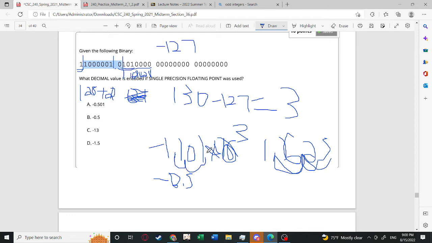So 1101 is 13. Oh yeah, you do it first and then convert it. That's what it is.